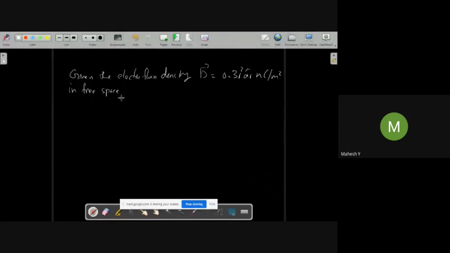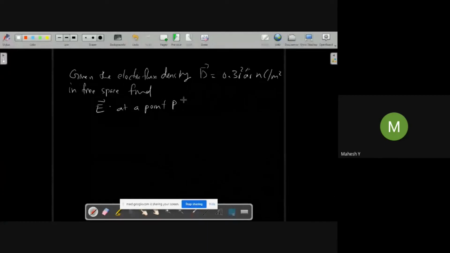Find the electric field intensity at a point P: r equal to 2, theta equal to 25 degrees, phi equal to 90 degrees.